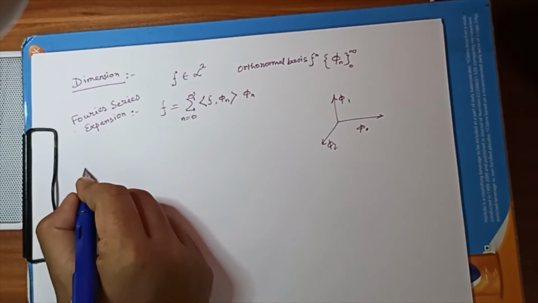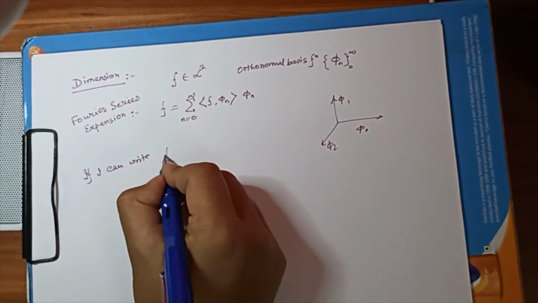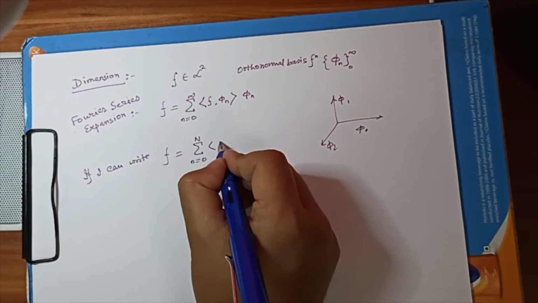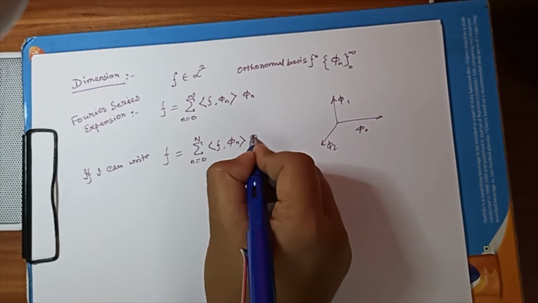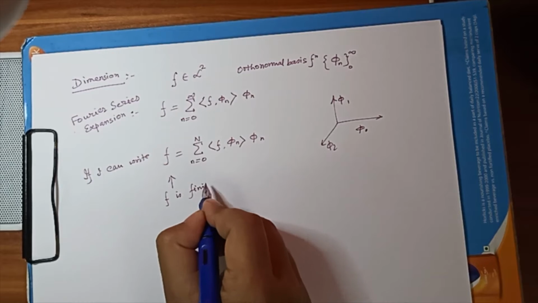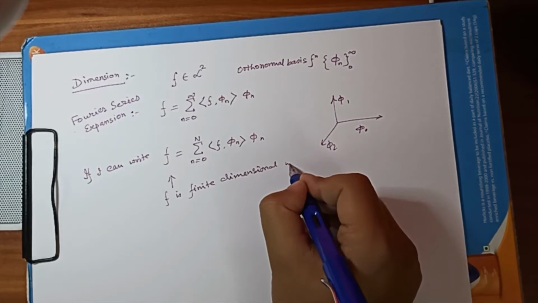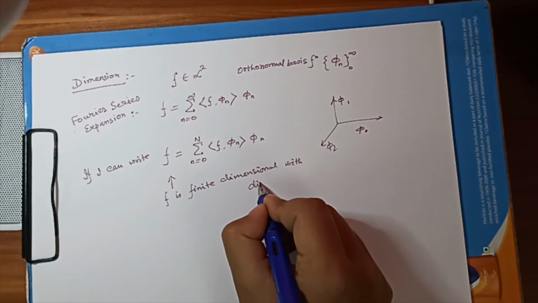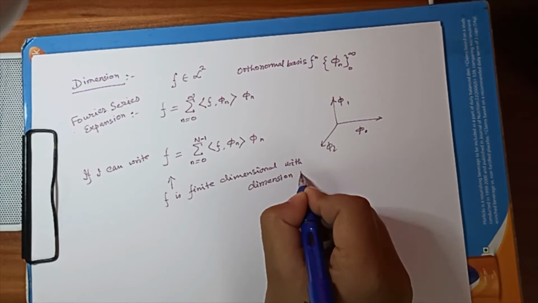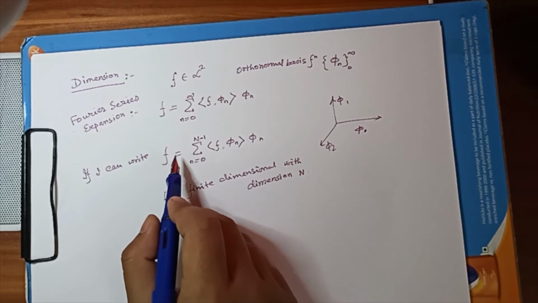So if I can write f as the sum for n equal to 0 to capital N using some basis function, then we can say that this particular function f is finite dimensional, with dimension N. But that is not possible for general L2, definitely not possible.